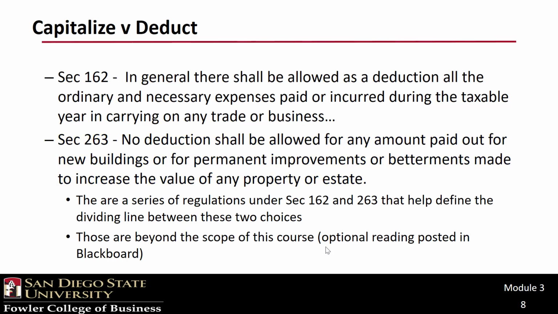For years, this is what taxpayers had to go with to make the capitalize versus deduct decision. Regulations were issued by the IRS, and then reissued, and then reissued. And then finally, in about 2013, a reasonable set of regulations were issued that provided some meaningful guidance on this topic. Those regs are beyond the scope of this course because, frankly, they'd be an entire module to themselves.